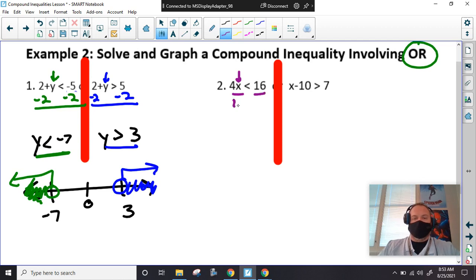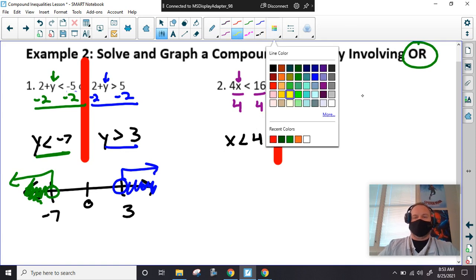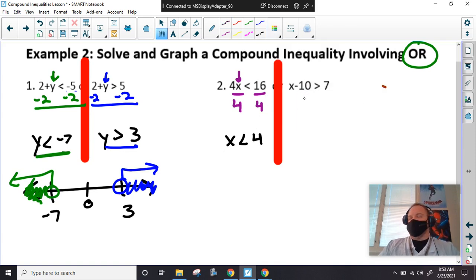Divided. Okay. So I'm left with x is less than 4. Killing it. All right. What about on the right-hand side? What's being done to x? Subtract. So what's the opposite? Add.